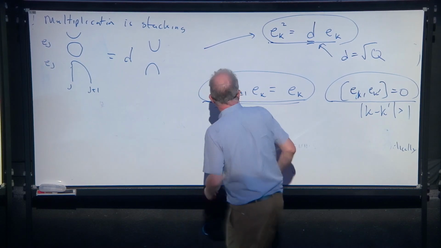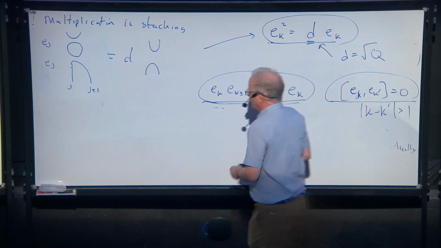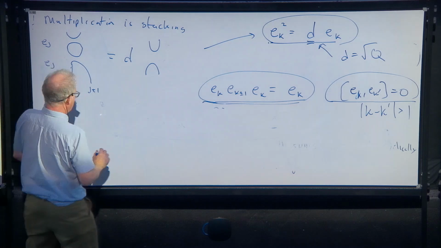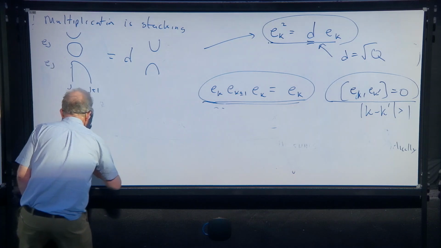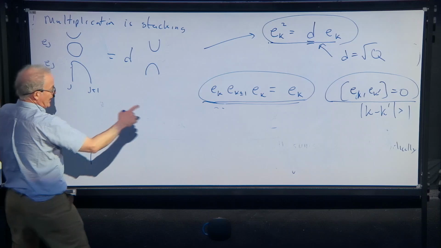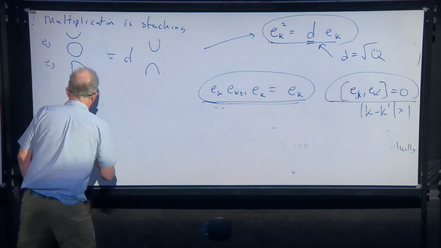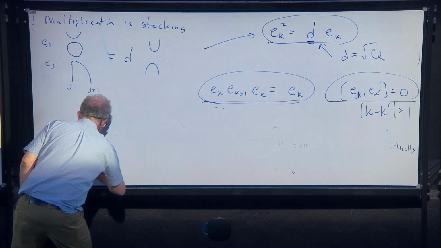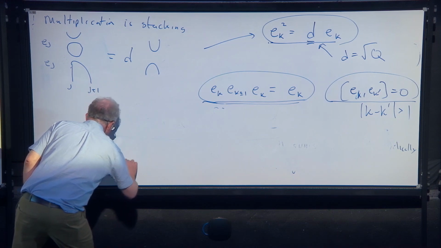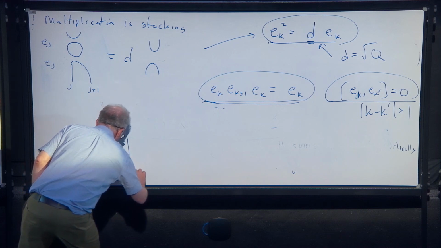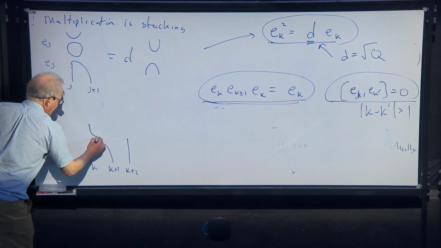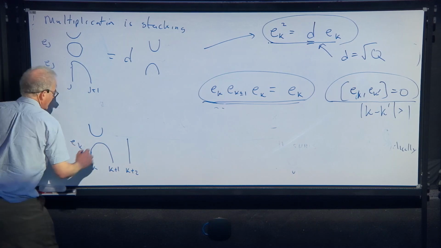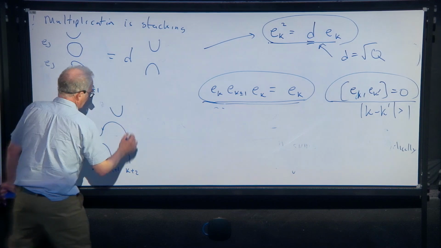Now the second one is cool, and this is why the funny square root is here, because it keeps me topological. I'm going to use three strands. So we've got EK, and this one looks like this. But then I do an EK plus 1.